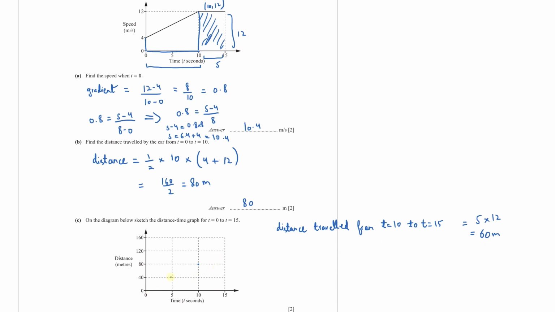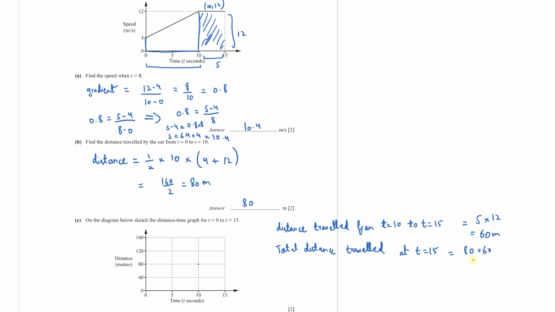So in the first 10 seconds, you traveled 80, and then from 10 seconds till 15 seconds, you traveled an additional 60 meters. So total distance traveled at t equals to 15 would be the 80 meters that you traveled in the first 10 seconds and the 60 meters that you traveled between 10 and 15 seconds.